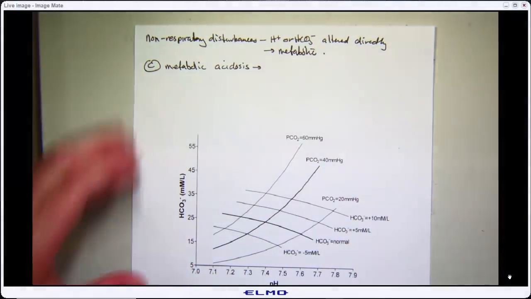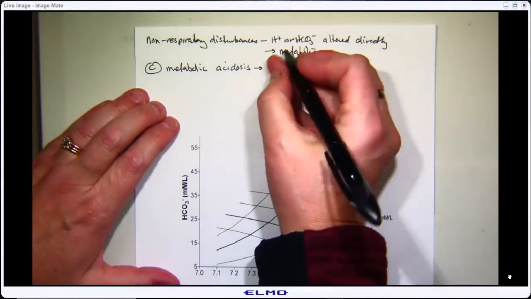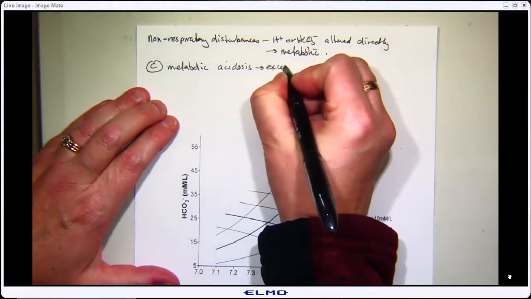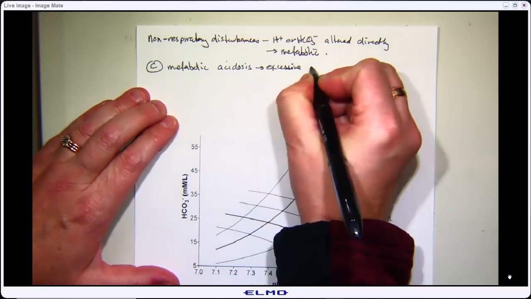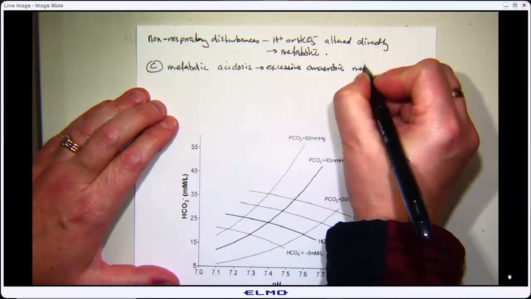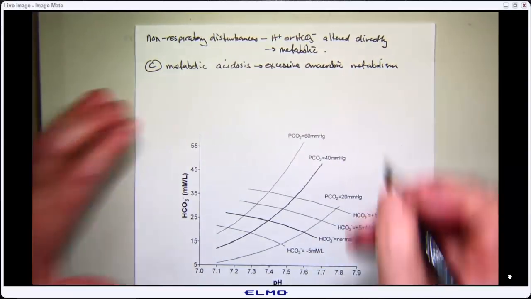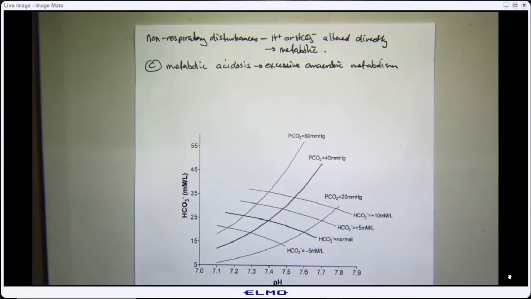So you can get yourself into this situation by, let's say, excessive anaerobic metabolism. So you get that buildup of lactic acid, right? So you're adding acid to the system directly.